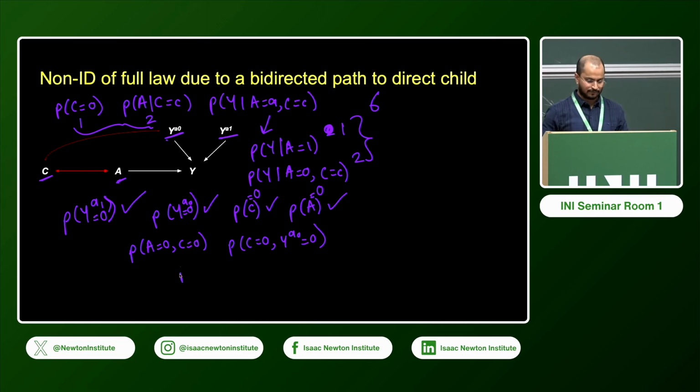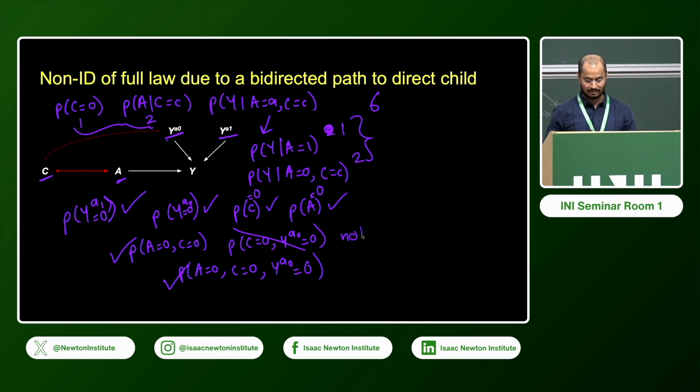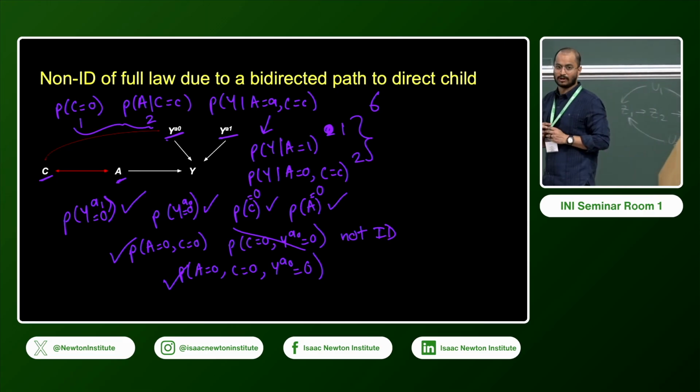And then I have my final triplet, which is A equals 0, C equals 0, and YA0 equals 0. So this is just observed data. That's identified by consistency. And so that necessarily means that this guy is not ID. So that joint is not identified.